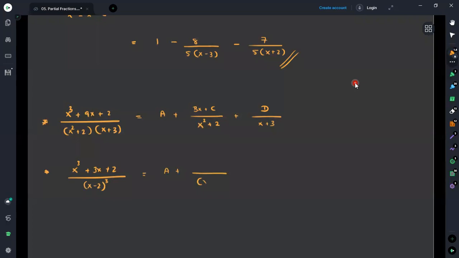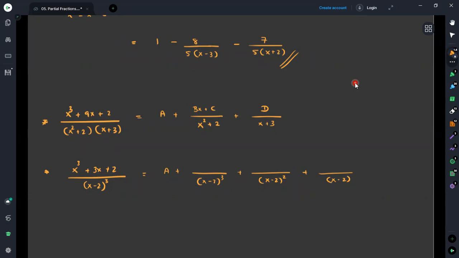Then x minus 2 cubed is the highest order and it is a repeated factor. Then we can use x minus 2 to the power 2, plus x minus 2. Therefore, this is the next method.